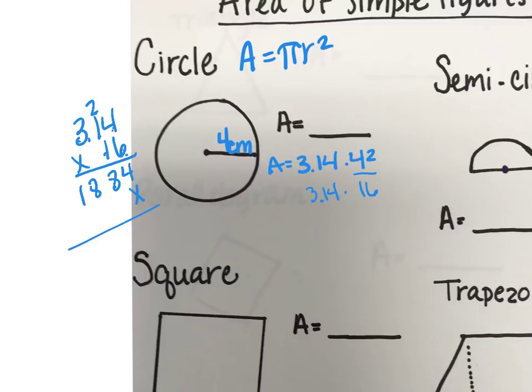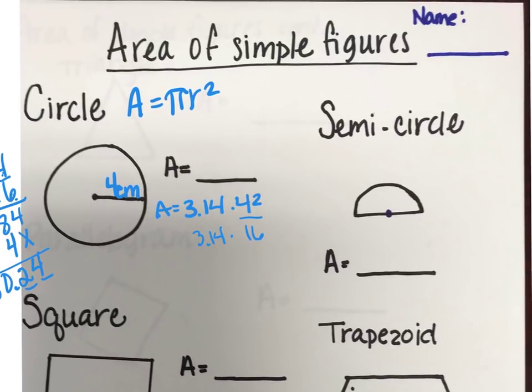And you're going to go 1 times 4, 1 times 1, 1 times 3. 4 plus 0 is 4, 8 plus 4 is 12. 8 plus 1 plus 1 is 10, and 3 plus 2 is 5. You have 2 behind the decimal in your problem, so 2 behind the decimal in your answer. And I didn't say anything about rounding, so we're just going to leave it at that number for the time being. So it's going to be 50.24 centimeters squared.